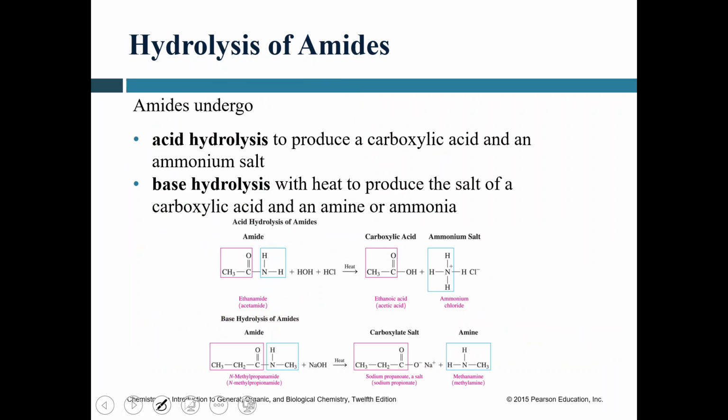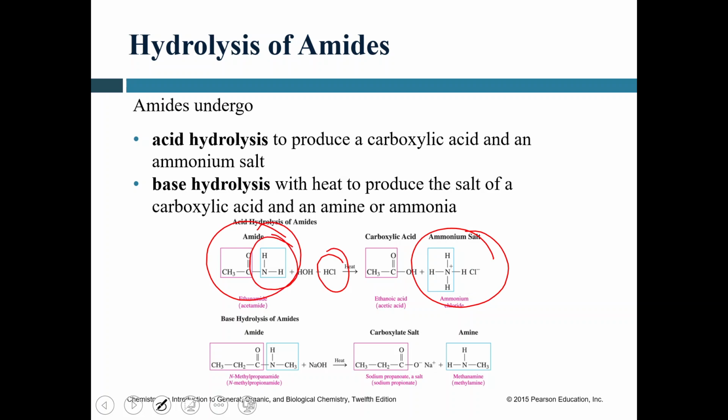Amides can be hydrolyzed by acid or base. If you use acid to hydrolyze amides, such as this ethanamide or acetamide, you will get the corresponding carboxylic acid, ethanoic acid, and the salt of ammonia, ammonium chloride, because this is a simple amino group.